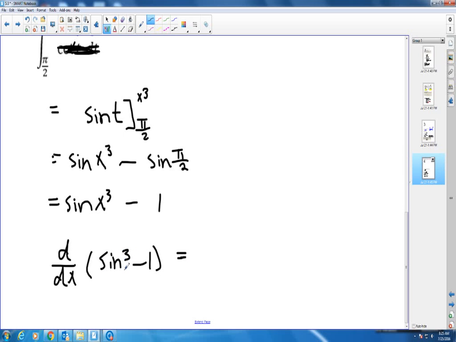Derivative of sine of x to the third power. Just think about it: the derivative of sine u is equal to cosine of u times u prime. So this is going to be cosine of x to the third times u prime. This is my u, so that will be 3x squared.